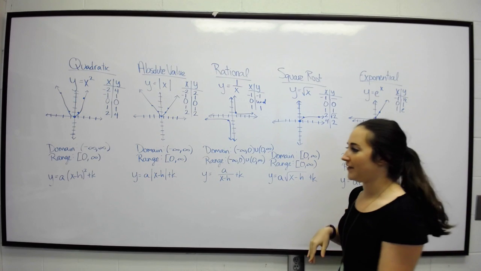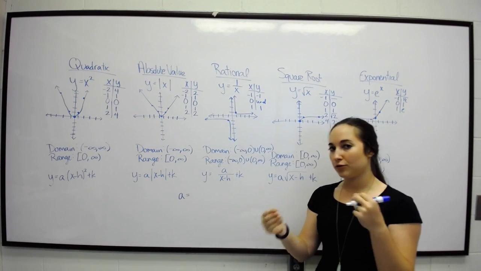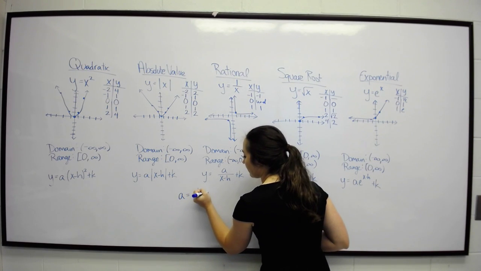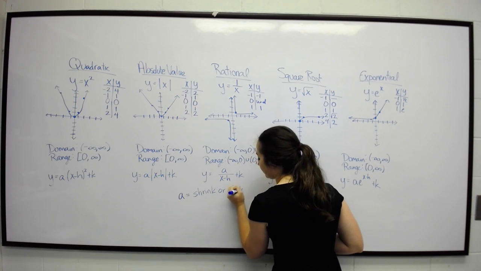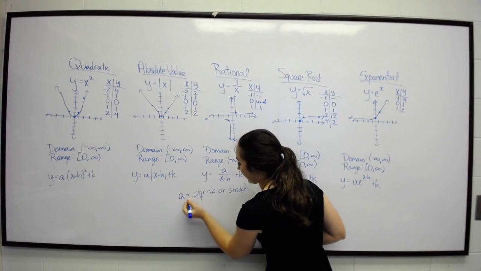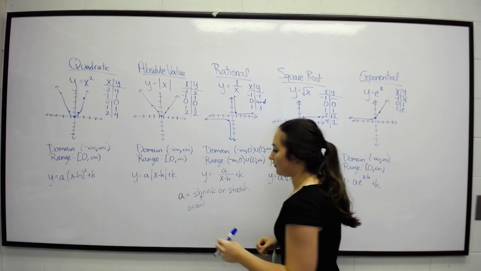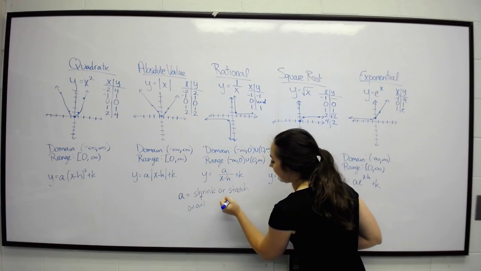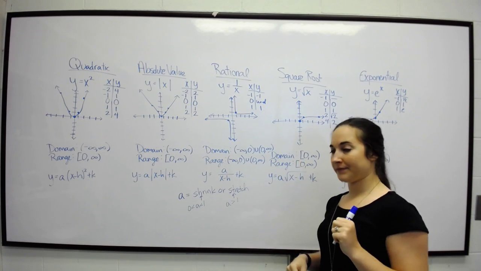They all have an A. The A value is going to shrink or stretch the graph. It will be a shrink if A is between 0 and 1. That will make the graph wider. If you shrink something, it's going to get wider. And a stretch is going to happen when A is greater than 1.